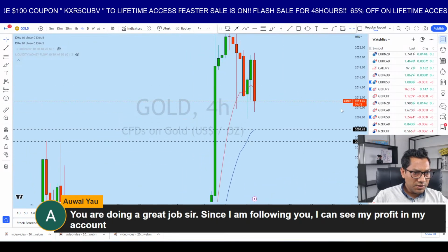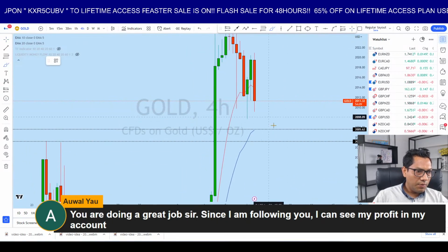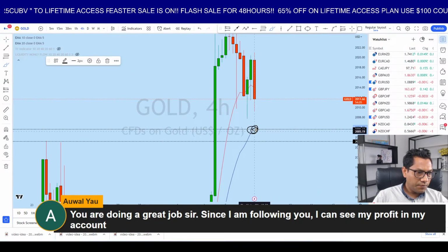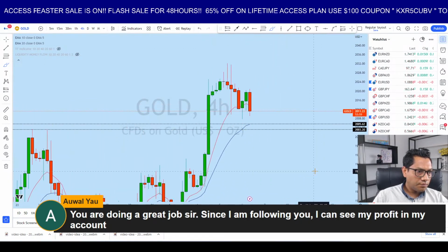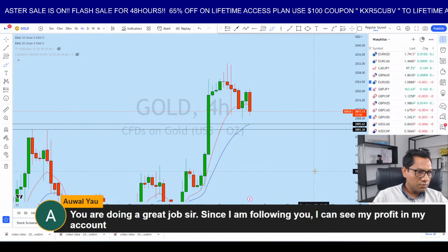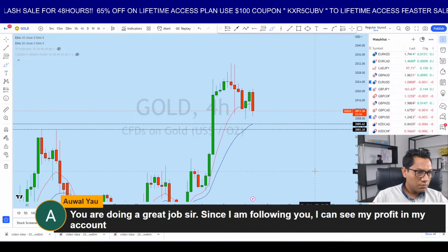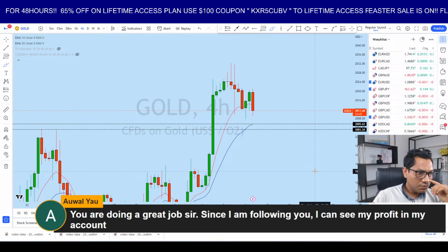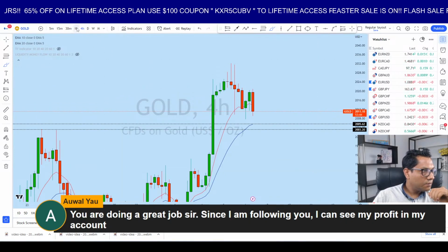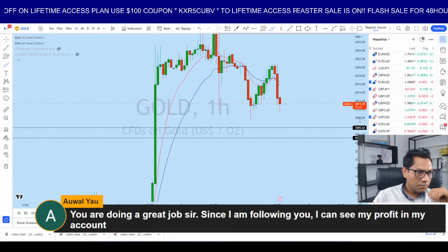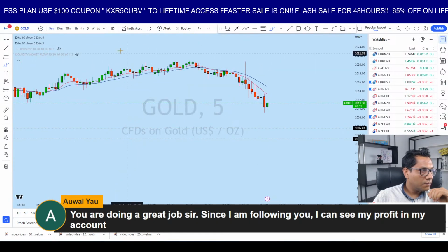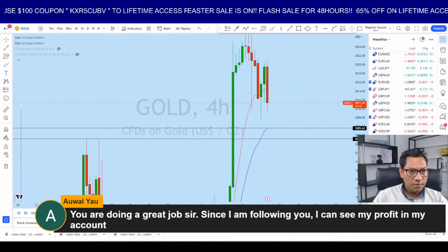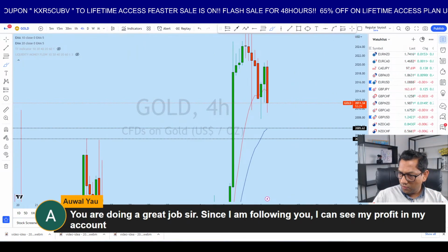Okay, so if this current candle, let's say this one, comes to this zone where there is a 4-hour 20 EMA and closes above, we could see it going to the upside again. Okay, so we'll keep that on.